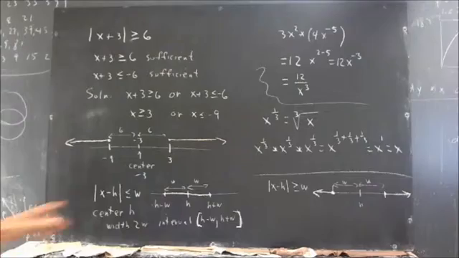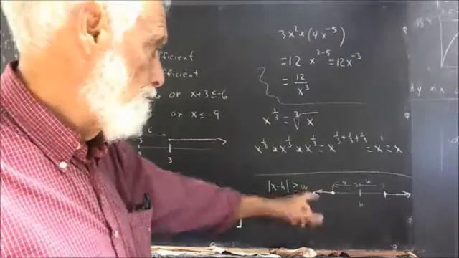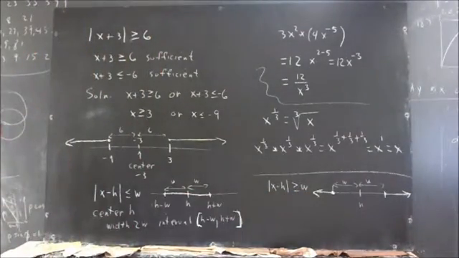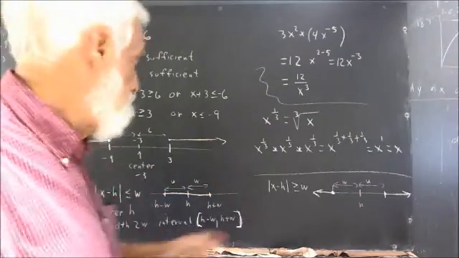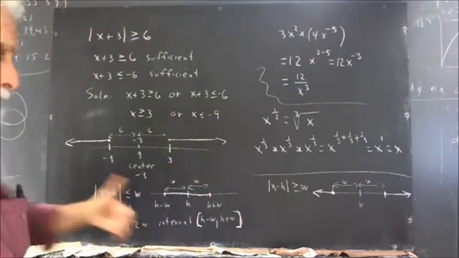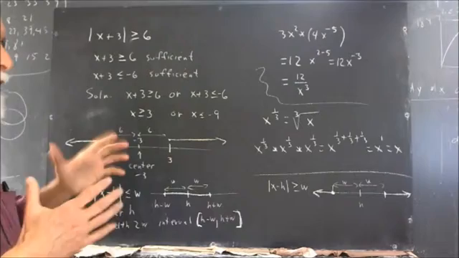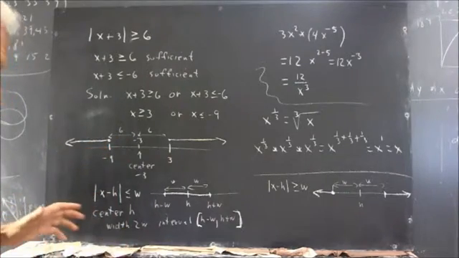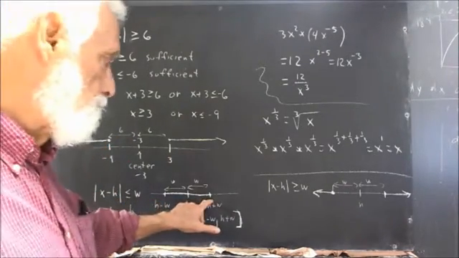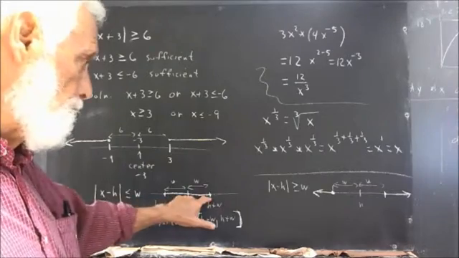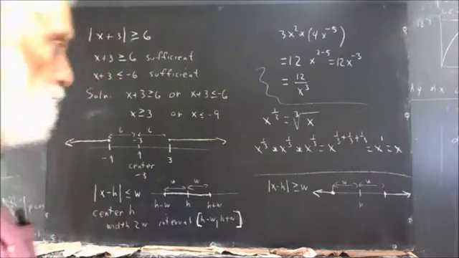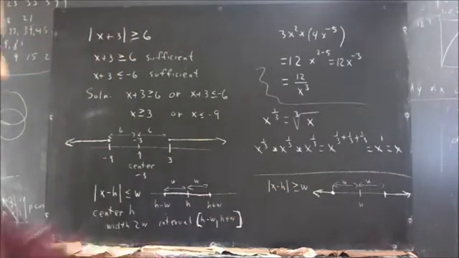Then the inequality absolute value of x minus h greater than or equal to w would be the complement of this interval, the outside of this interval, except for the fact that the intervals share the point at the end point, because I've got a greater than or equal here. I'm actually going to change that.